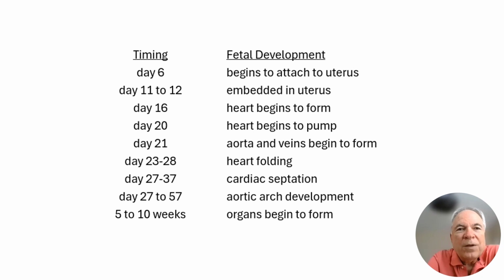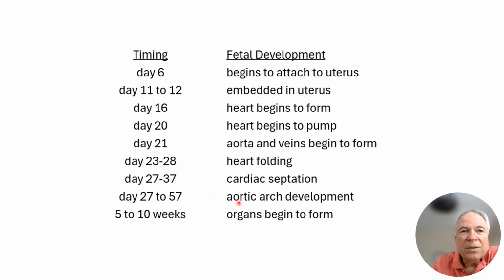Aortic arch development occurs around the same time as cardiac septation. So you can see that defects can occur at any of these stages: when the aorta and the veins begin to form, when the heart starts folding, cardiac septation, and aortic arch development.